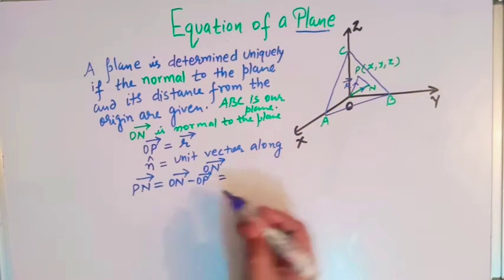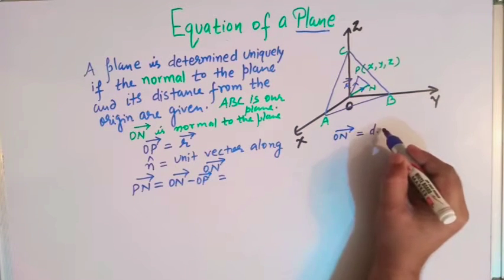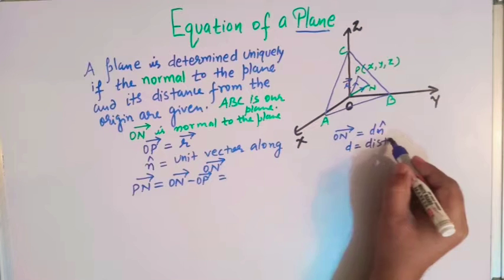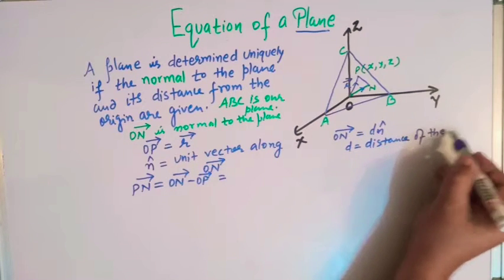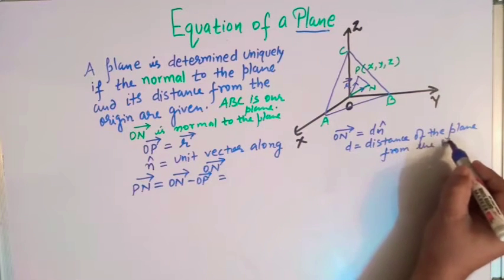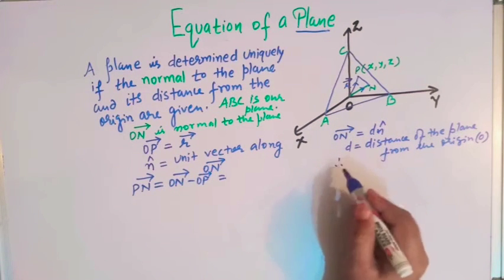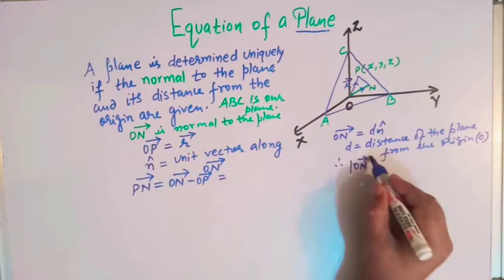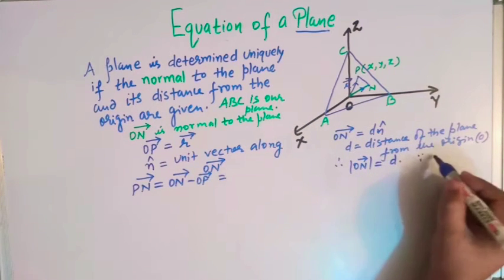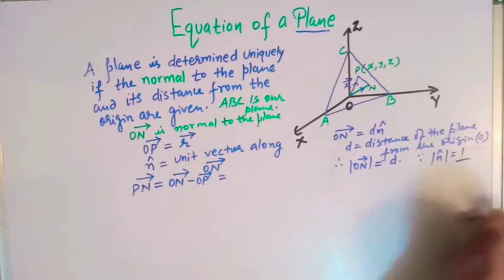And let us say ON is equal to d times n cap, where d is the distance of the plane from the origin, right? And the origin is the point O. So we can say that the magnitude of vector ON is equal to d, since the magnitude of vector n cap is 1, right?